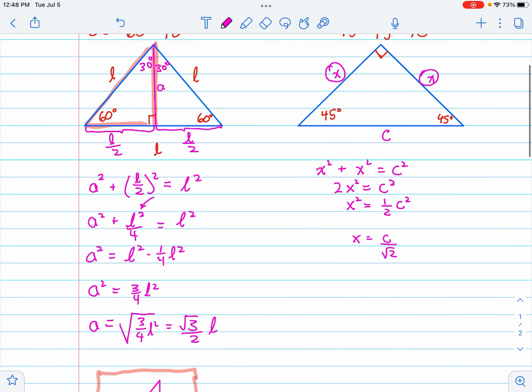Now we could rationalize the denominator. You don't have to, but if you took a fancy to do that, this would come out to be the square root of 2 over 2 c. So that's the relationship, that those sides are the hypotenuse divided by the square root of 2. Let's look at an example. Let's suppose that we have a 45, 45, 90.